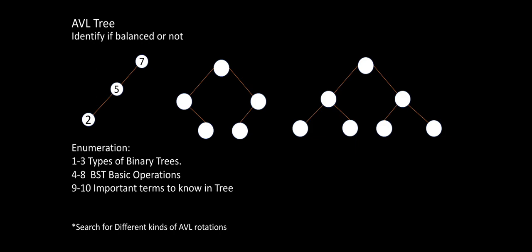And we have enumeration: 1 to 3, types of binary trees, 4 to 8, BST basic operations, 9 to 10, important terms to know in a tree. And overall, we have 20 items. And search for the different kinds of AVL rotations.